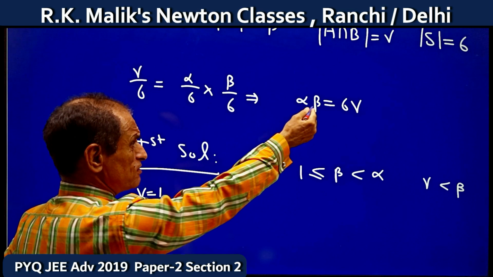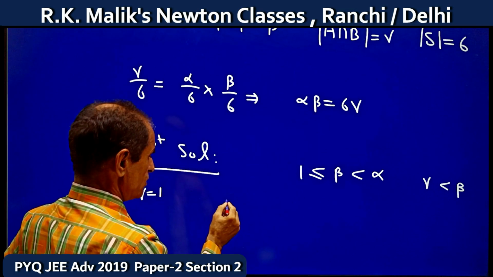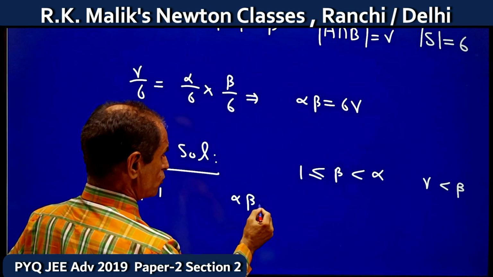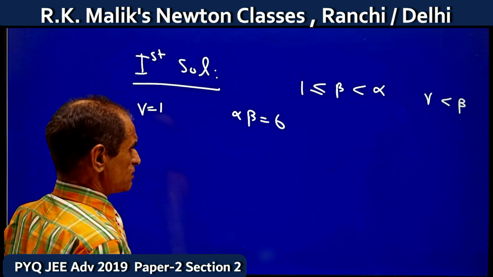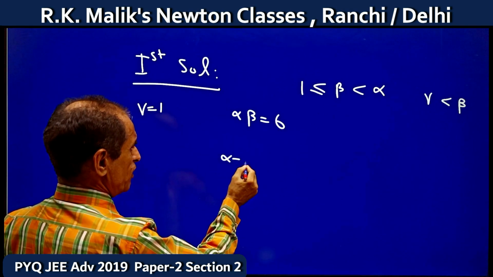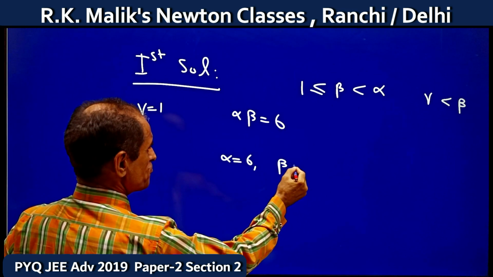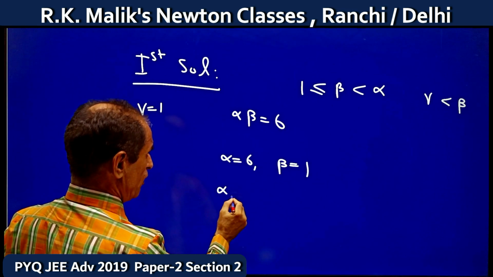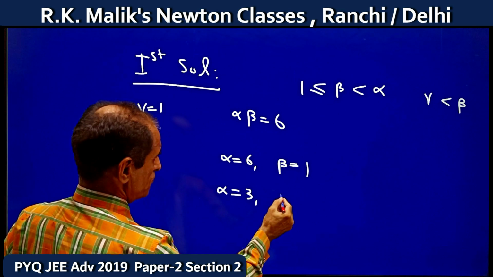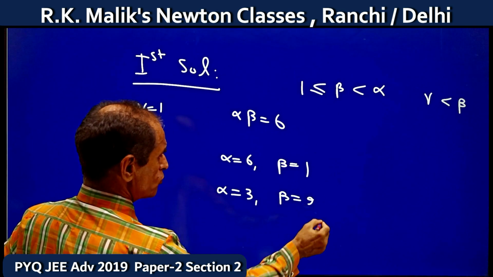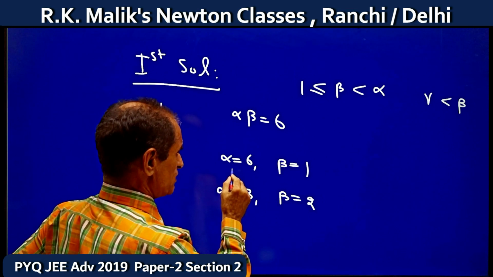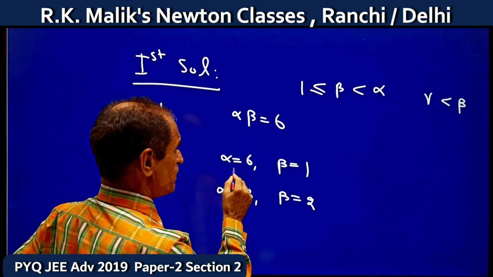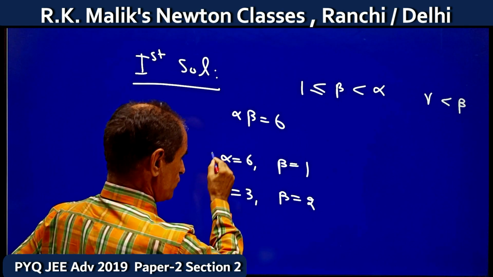And in this case, this condition says alpha beta is equal to 6. And alpha beta equal to 6 means either alpha is 6, beta equal to 1, or alpha is 3, beta equal to 2.